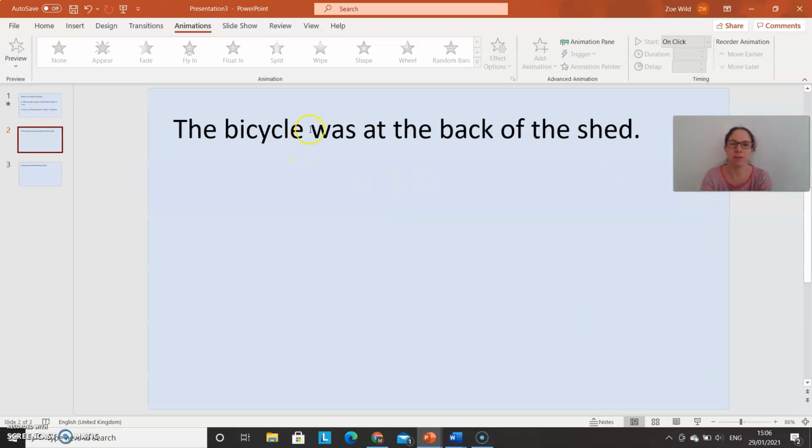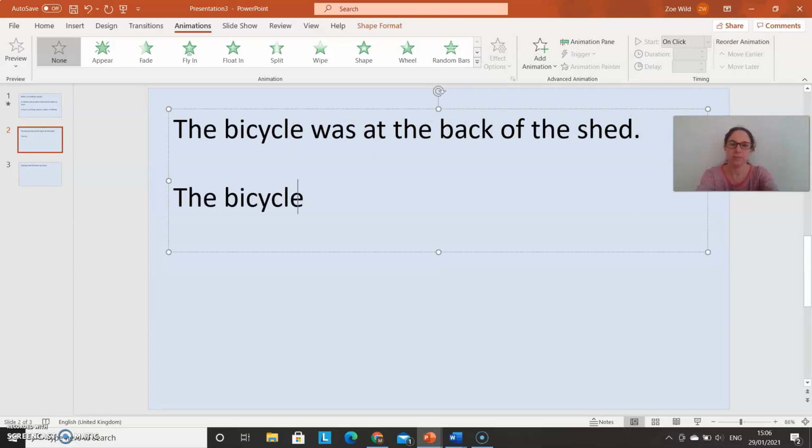Okay. So the bicycle was at the back of the shed can become the bicycle. And now I'm going to put my relative clause in, so I'm going to describe the bicycle, say more about the bicycle. My relative pronoun is going to be either that, which, who, whom, sometimes even where is used.